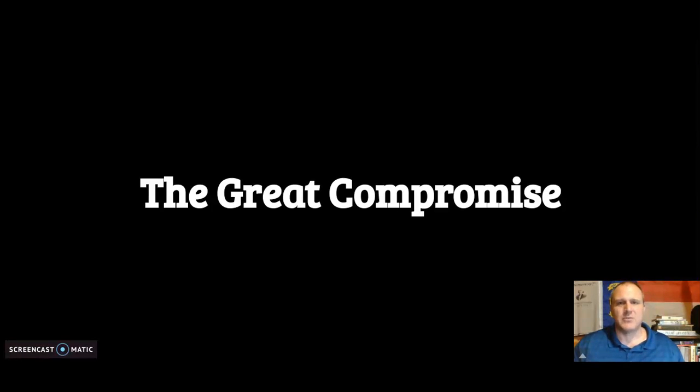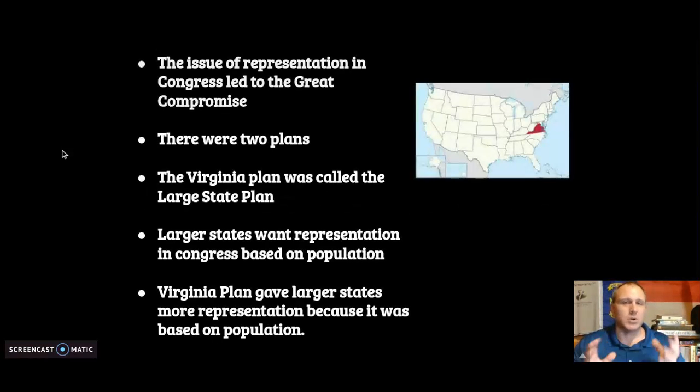Now, what is the Great Compromise and what's it for? The Great Compromise is about the long R word, representation. What is representation? Well, these states want to know how they get represented in the Congress. Virginia is like, we are the largest state, we have the largest population, we should be represented way more than somebody else.